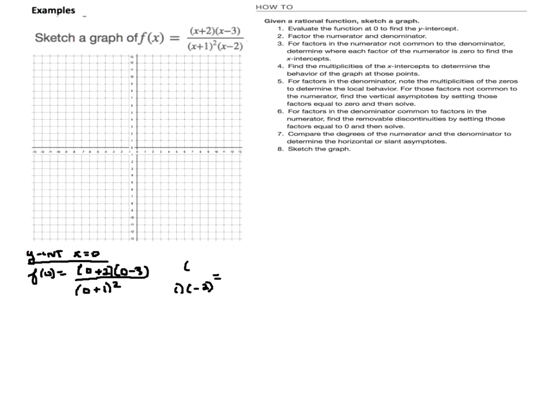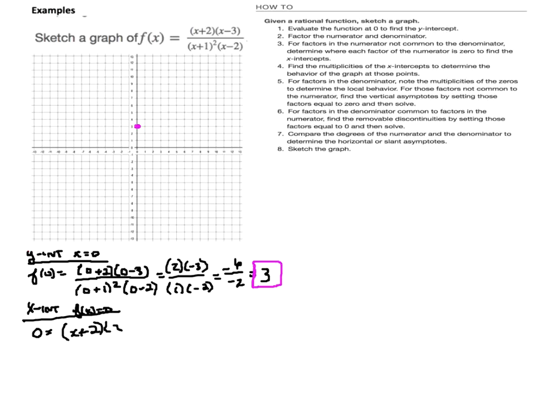All right. So from here, I can go ahead and go onto my graph, and I know that this thing is going to cross the y-axis at positive 3. All right, let's move to x-intercepts. That is when f of x is equal to 0.